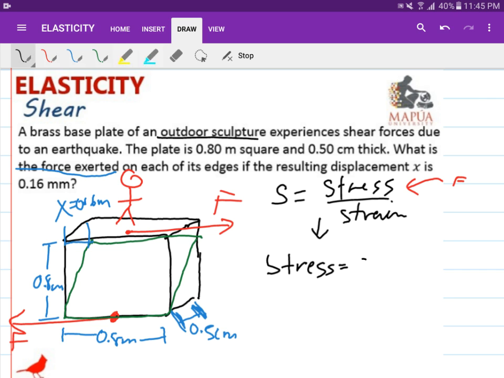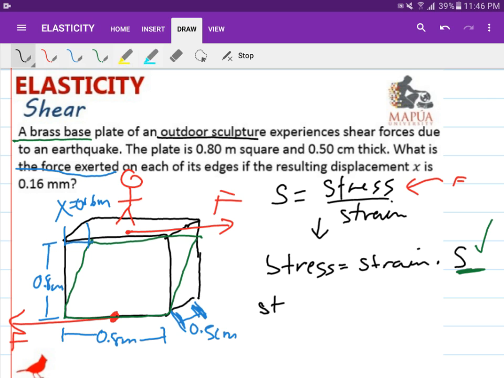This is strain times S. Okay, so the thing is, S is already known. It is already readily available for different kinds of material. So for example, our material is a brass plate. So it already has a value for the shear moduli.